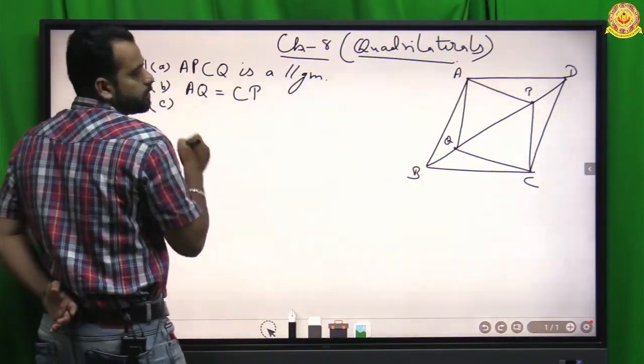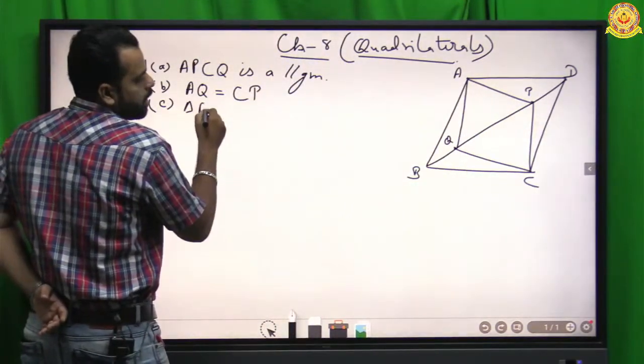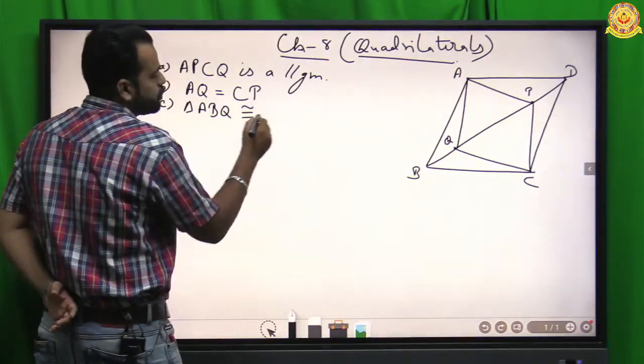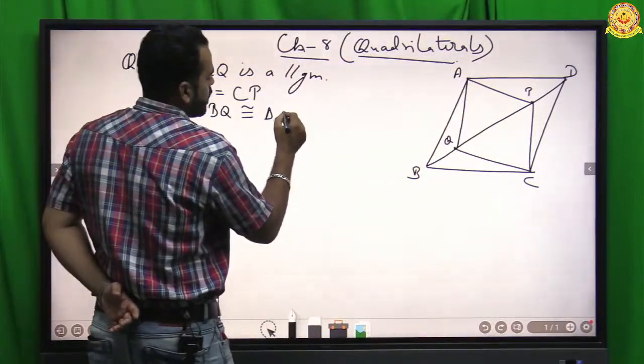Then you also need to prove that triangle ABQ is congruent to triangle CDP.